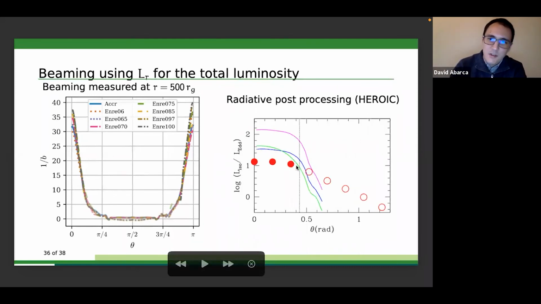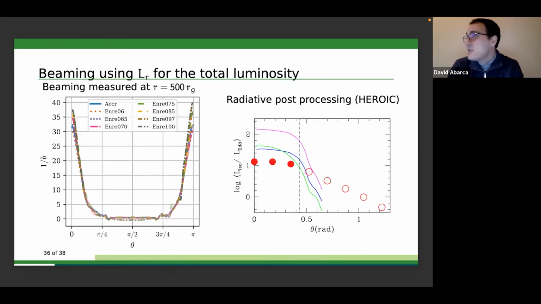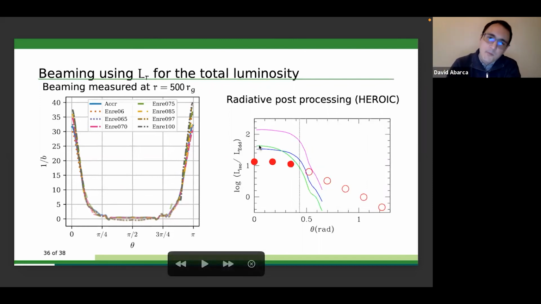This green line is the result you get from the CORAL simulation, and these red lines are what happens when you do a proper radiative post-processing, when you actually measure the intensity along all angles and do a radiative transfer calculation. It drops the isotropic luminosity by a factor of 2 or 3. This would be the same as decreasing 1 over the beaming factor to something like 1 over 10.